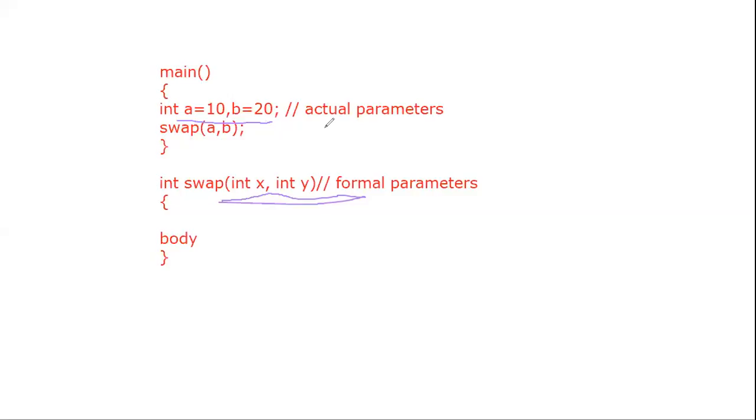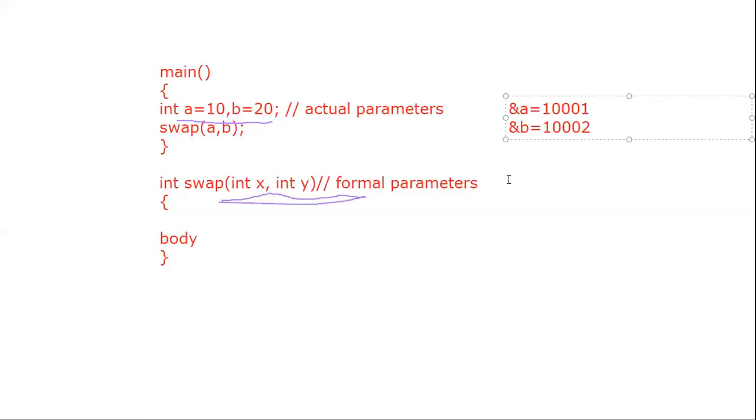Assume that the address of a variable is 1000, and the address of b variable is 1002. This symbol is used to represent the address.